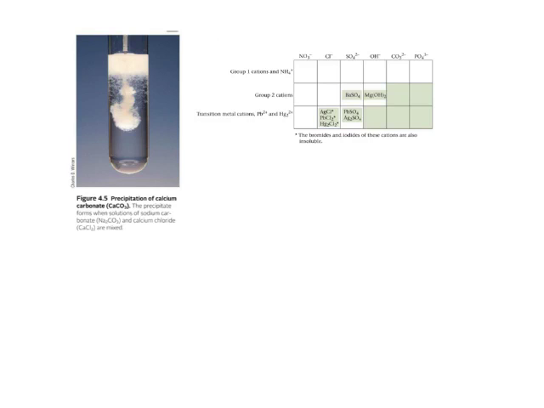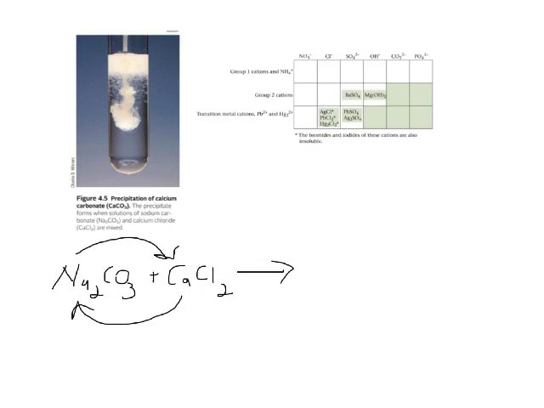Here's an example where we can predict what the reaction will look like when we mix sodium carbonate and calcium chloride. If we start down here, sodium carbonate looks like that, and calcium chloride, CaCl2. On the other side, the sodium will go there, the calcium will go there.